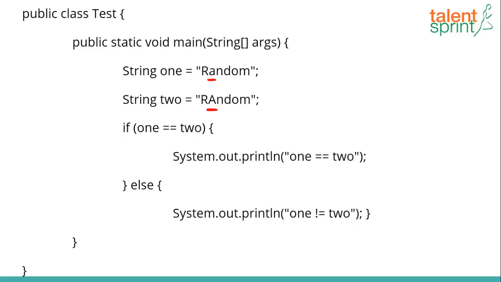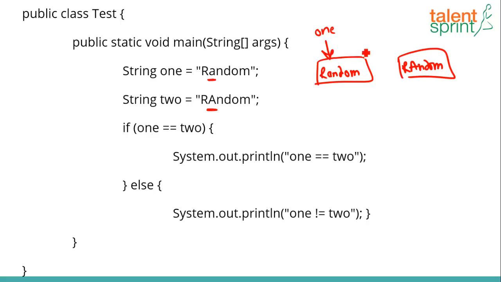So what happens when you create a string is one memory location, you say random, and another memory location you say random, right? Now 1 is the reference pointing to this object and 2 is the reference pointing to this object. Now when you check 1 double equals to 2, what it checks is if both these references are pointing to the same memory location or not.